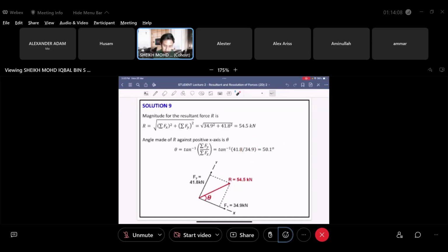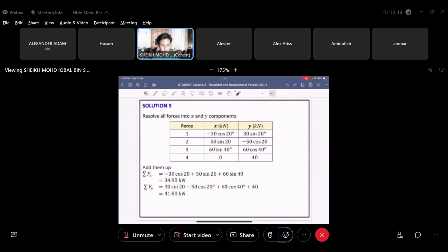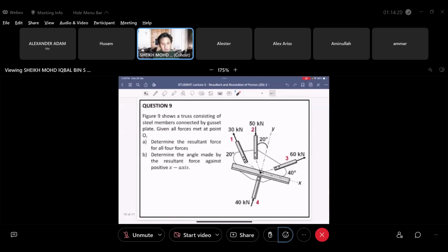All right. So it's not that hard. Eventually, what we have learned last week and today all combine to solve problems like this, where you have a lot of forces, right? So you combine it into one resultant force, okay? But in order to do that, you have to resolve each and every one of these forces first.